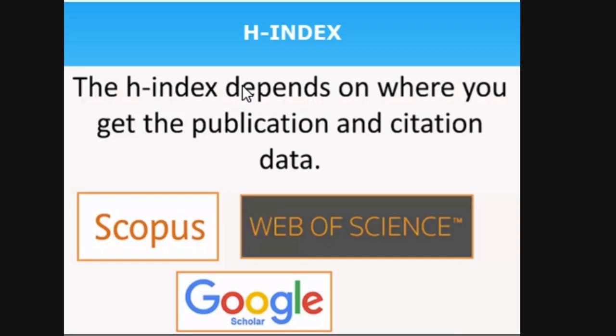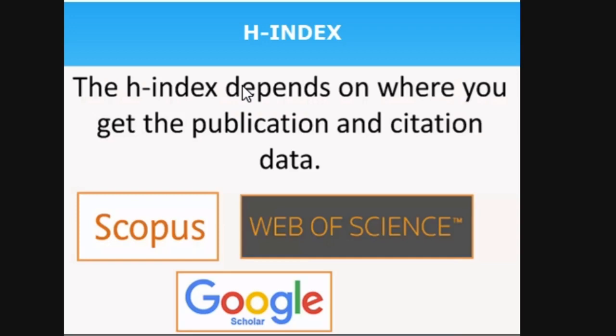Again, the H index depends on where you get the publication and the citation data, right? So H index depends on the data source also. Data source is important. For Web of Science, my H index will be different. For Google Scholar, my H index will be different. For Scopus, my H index will be different. This is based on the indexing services, right? Web of Science indexes only good journals, the journals which are indexed in Web of Science only.